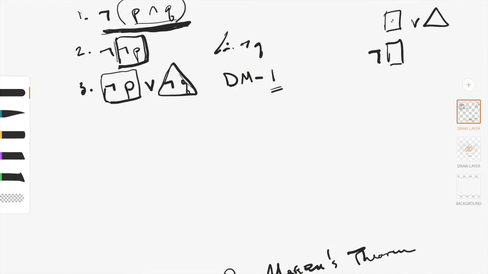So look at the form here. Even if we put not P in that square, we end up with an expression not everything in the square, which is not P. So the expression not P is exactly what we have on line 2. So on line 4, we conclude not Q by disjunctive syllogism on lines 3 and 2. Notice when we apply disjunctive syllogism, every schema matches exactly.